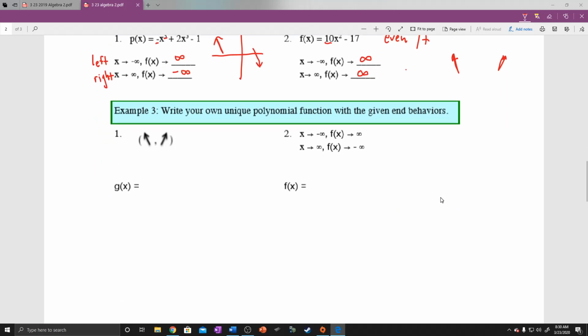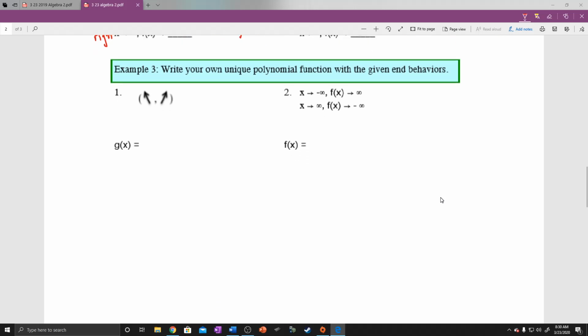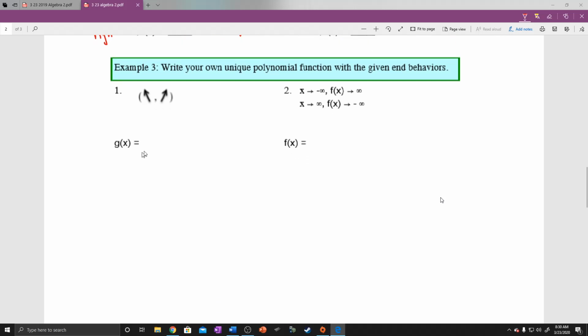Now we can draw our own unique polynomial function with the given end behaviors. So this is going to be some even degree polynomial with a positive coefficient. So 3x squared minus x would work.